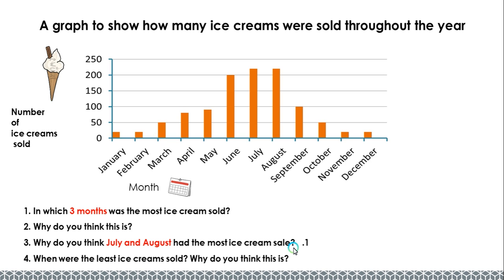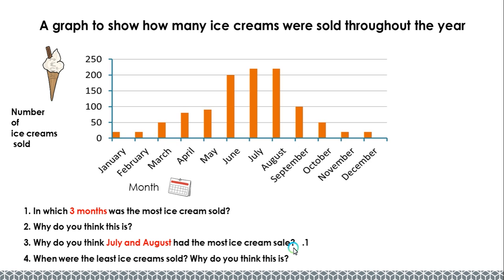So when was the least ice cream sold? And why do you think this is it? The least is December. Why? Because it's winter. That time it is cold, so nobody really wants to take a cold, chilled drink.